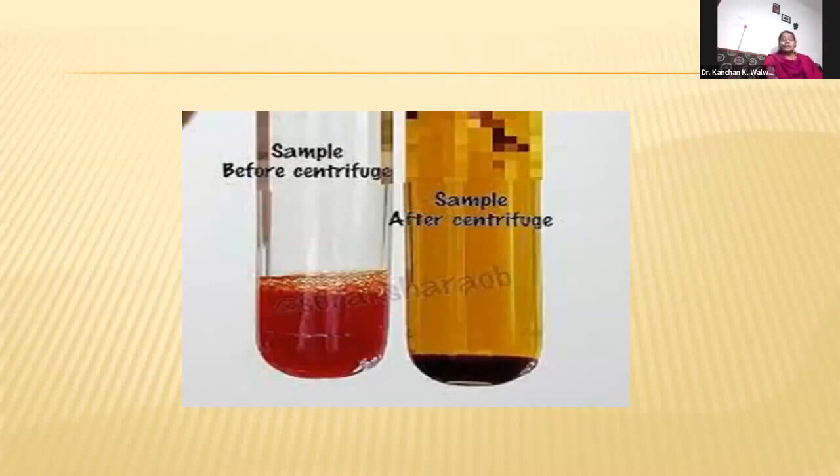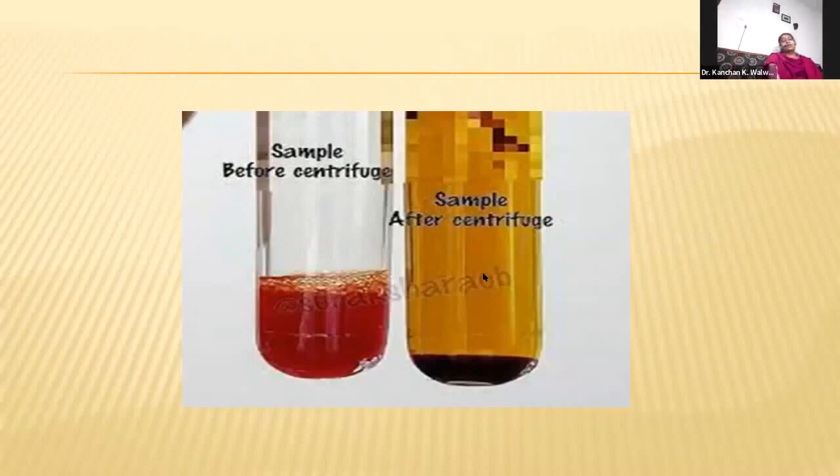The yellowish color of the urine on top of that button of RBCs is because of the rupture of certain RBCs while standing in the urine, because of the pH of the urine.